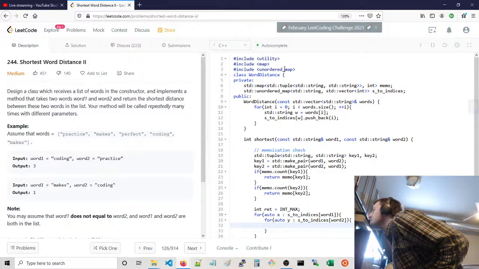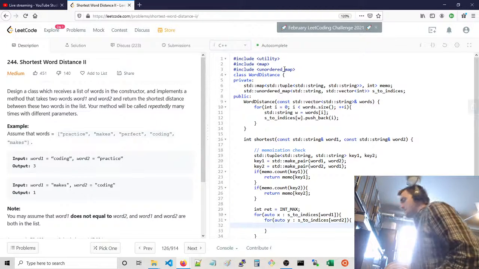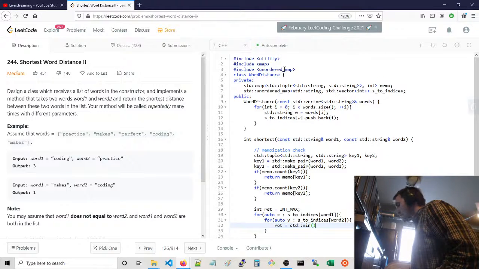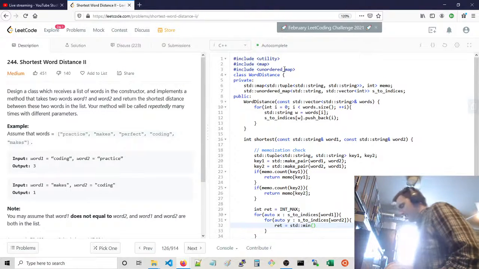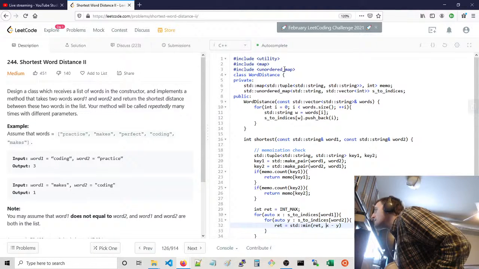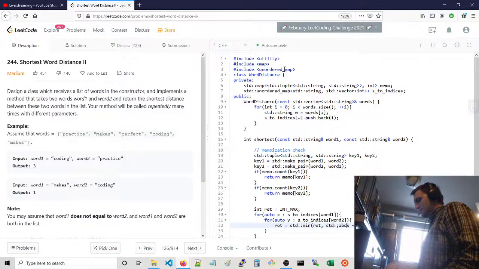X in S indices word 1, Y in S indices word 2, X and Y. Ret equals the minimum of ret and x minus y, absolute value.